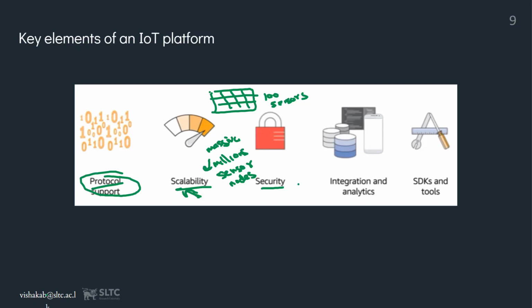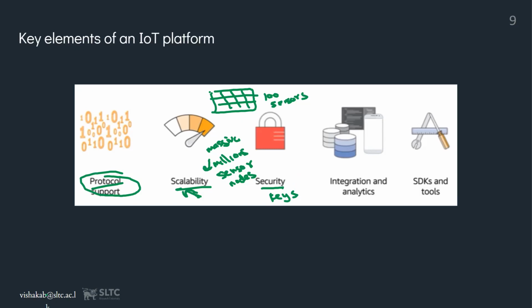Those IoT platforms also provide you security for the data, where the data will be encrypted and decrypted using special keys, and they will use an encryption method to encrypt the data.